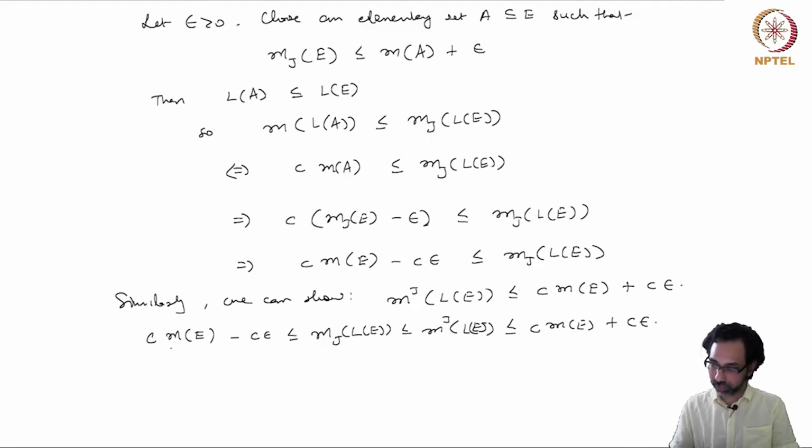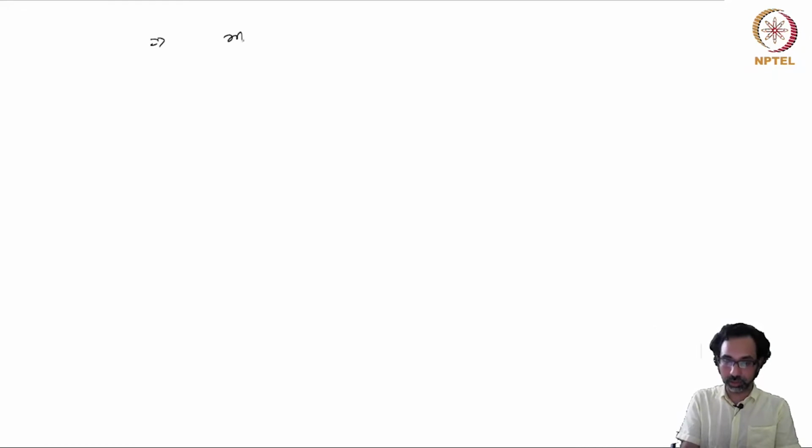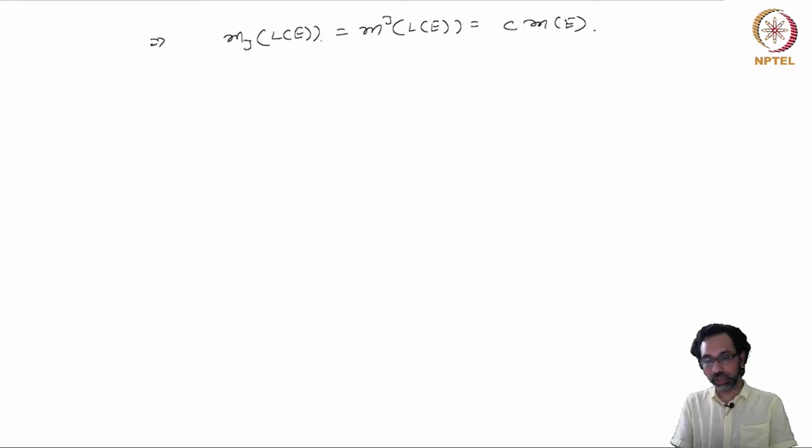Now, since C is a constant independent of E, it is independent of epsilon, which means that C epsilon is arbitrary, and therefore the inner Jordan measure of LE is equal to the outer Jordan measure of LE, which is equal to C m(E). So in particular, LE is Jordan measurable, and we have proved in the same statement that it is equal to C times m(E), where C is the same constant that was used in part 1.